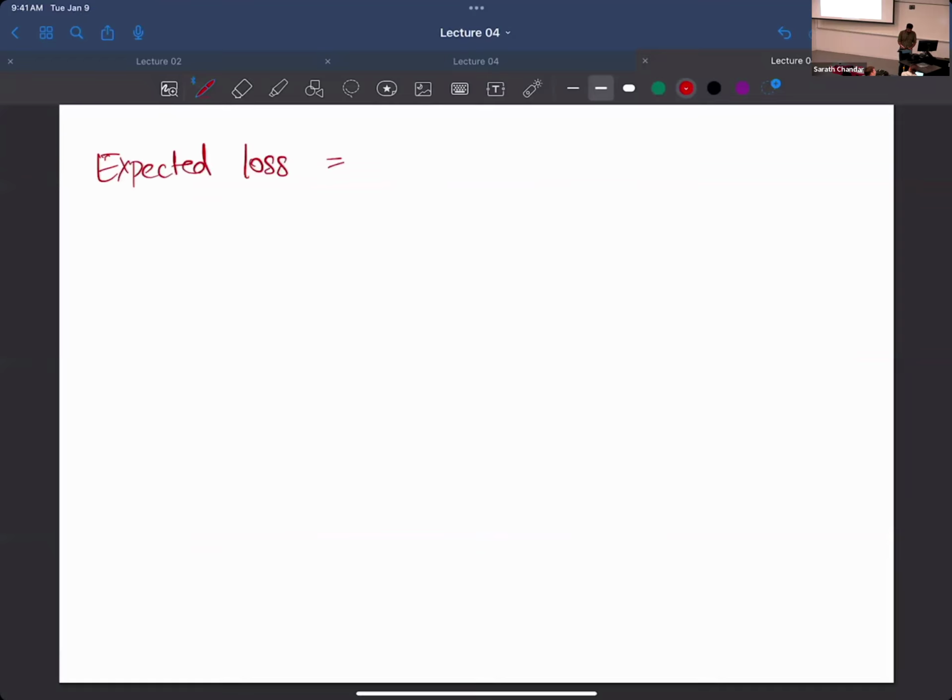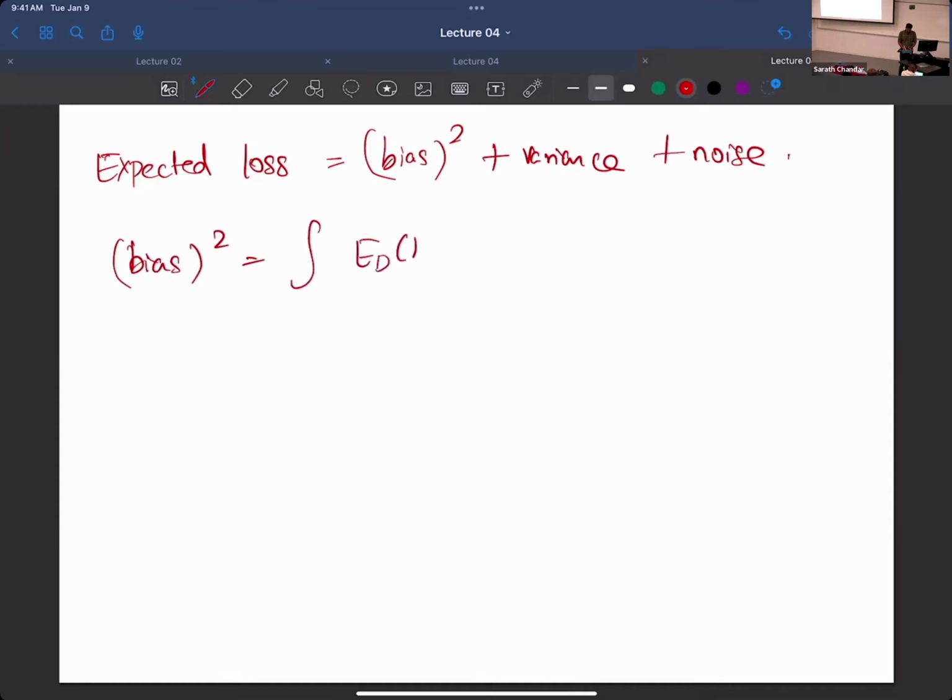So if I go back to the original expected loss, now I can decompose it into three terms: bias square plus variance plus noise. I'm going to define these terms. The bias square is given by the integral of expected value of h of x given D minus E of y given x, whole square, p of x dx.